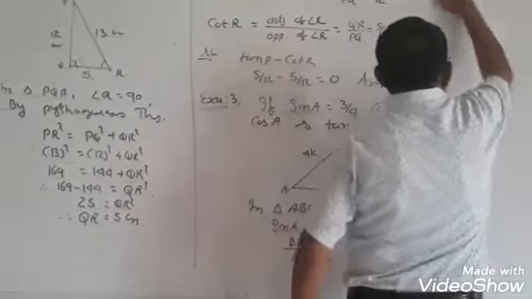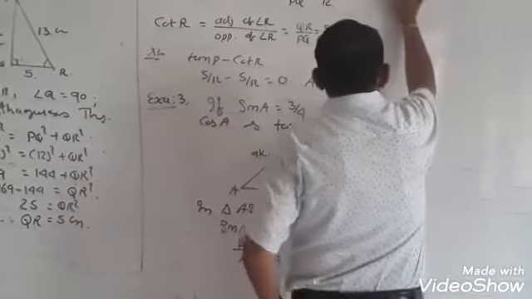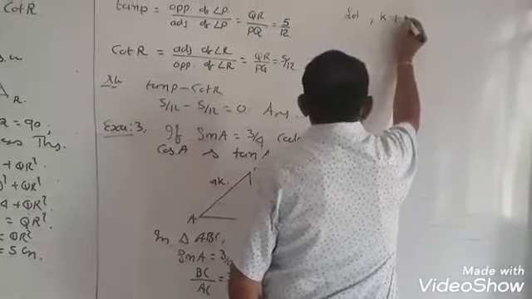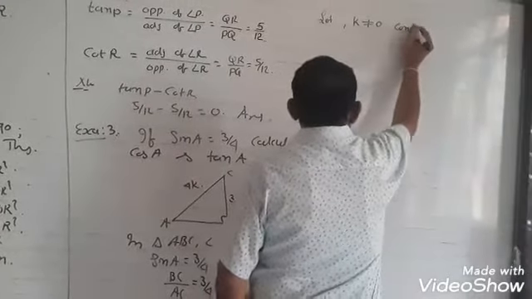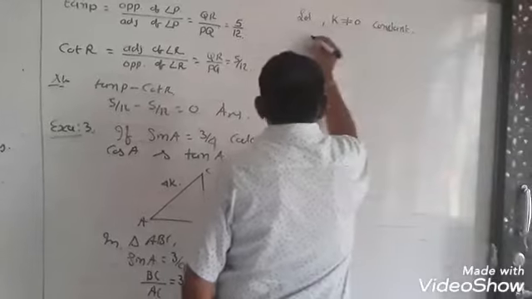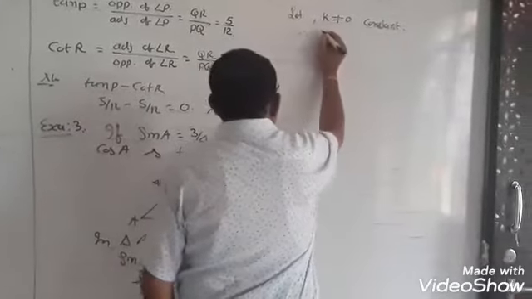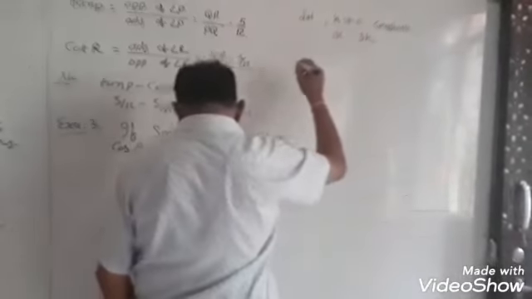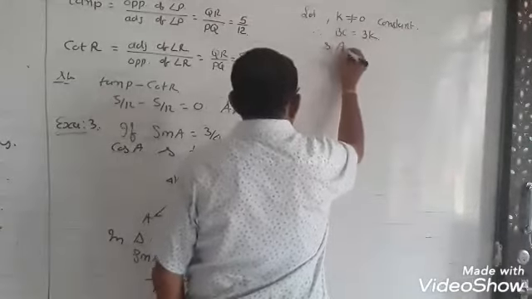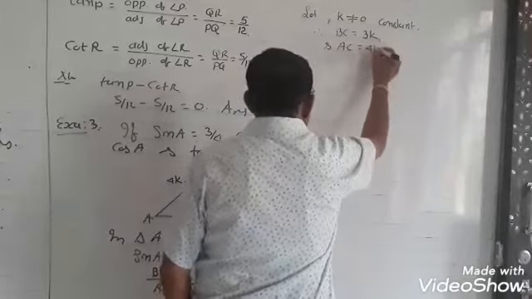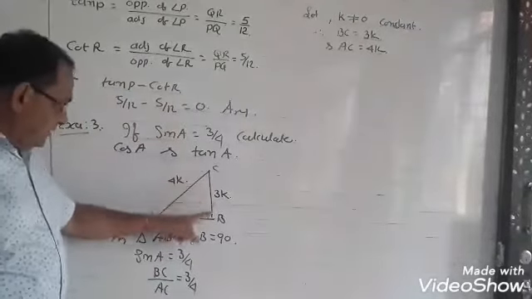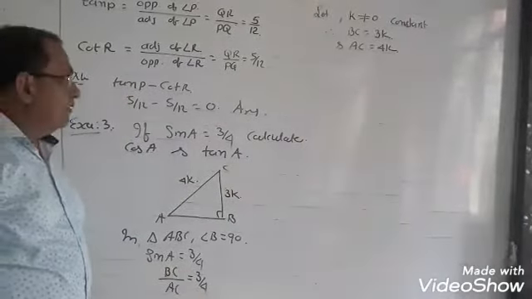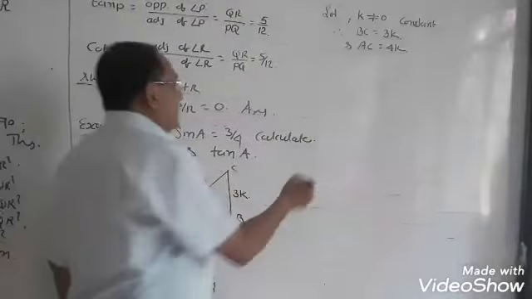Let K be a non-zero constant, therefore BC is equal to 3K and AC is equal to 4K. Simple. Got it?